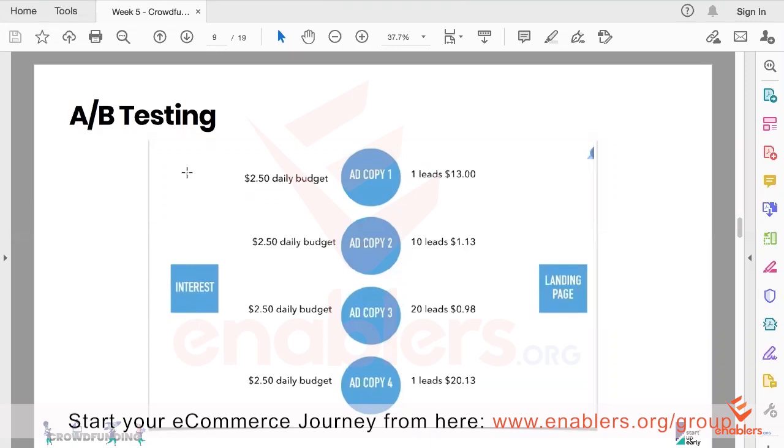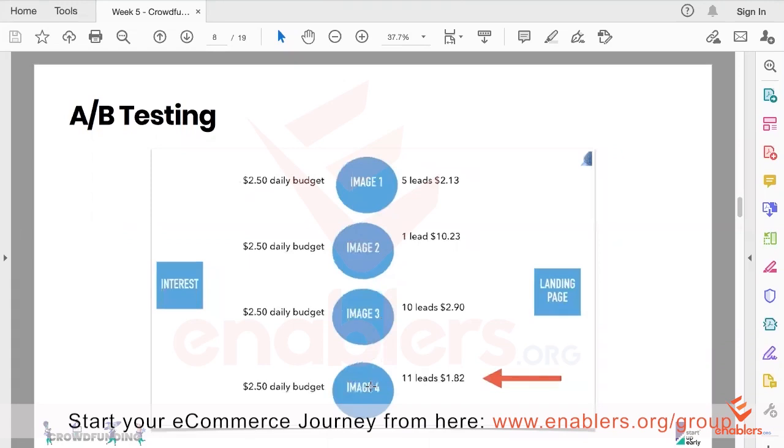And then ad copy number 4 is very expensive at over $20 per lead. So the ad copy that worked best for you in this is very obviously ad copy number 3 and then ad copy number 2. So your ideal ad will technically be ad copy number 3 and image number 4 turned out the best result, right?